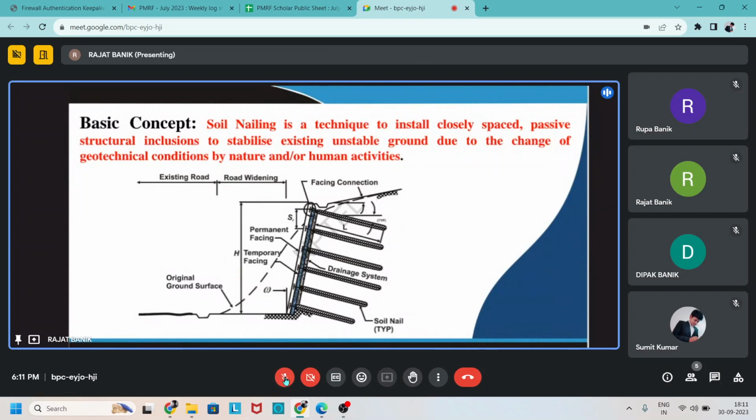Here we are discussing the basic concept of soil nailing. Soil nailing is a technique to install closely spaced passive structural inclusions to stabilize existing unstable ground, where the geotechnical condition has changed by nature or by human activities. You can see in this picture that the original slope is in dashed line.